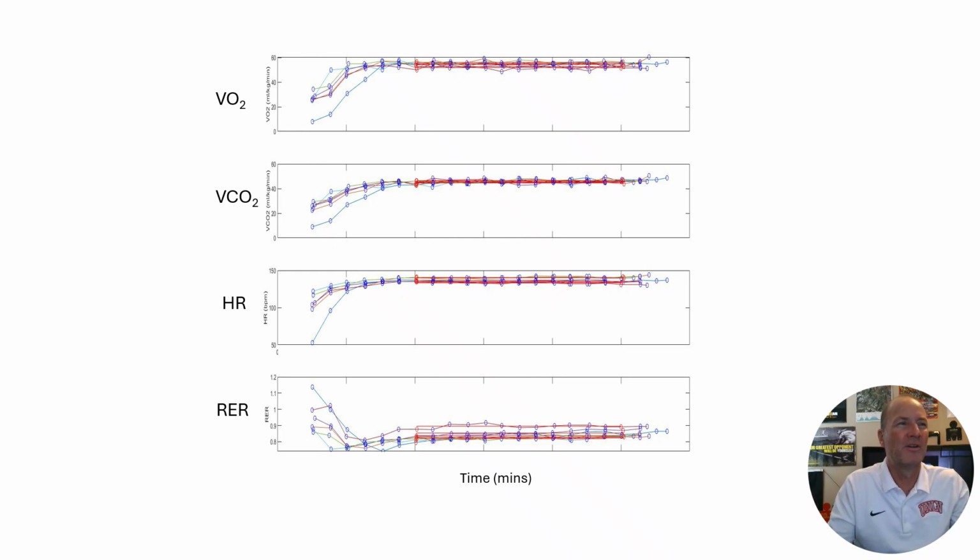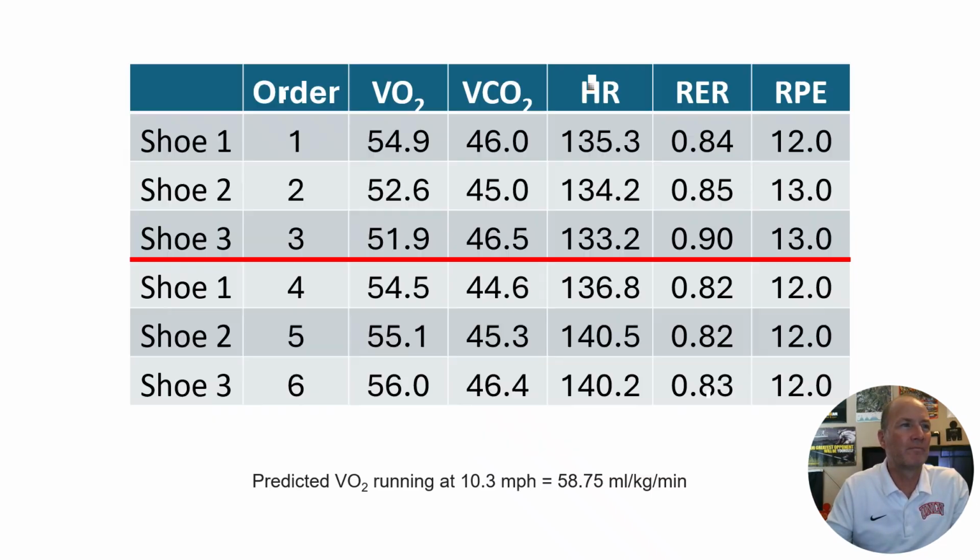And you can see how these are all really blended together. And as I mentioned, if there was going to be a difference between shoes, it's going to be really subtle. But even from this quick inspection, we're seeing all these data points sort of lying right on top of each other. But nevertheless, we do a little bit more analysis.